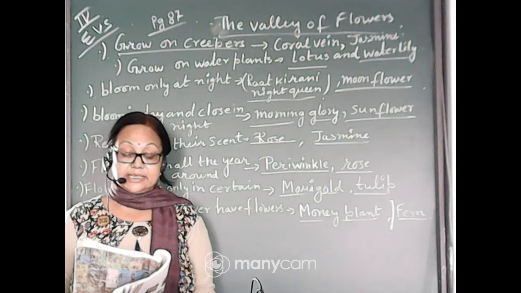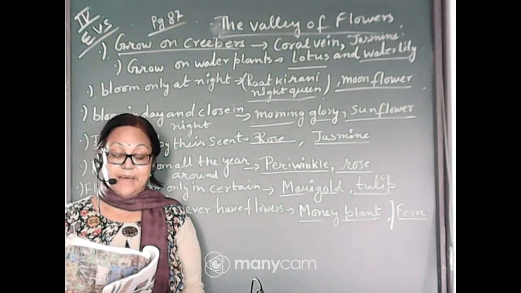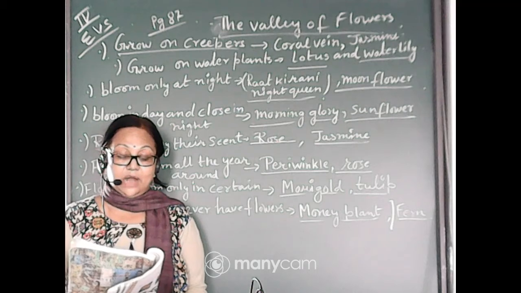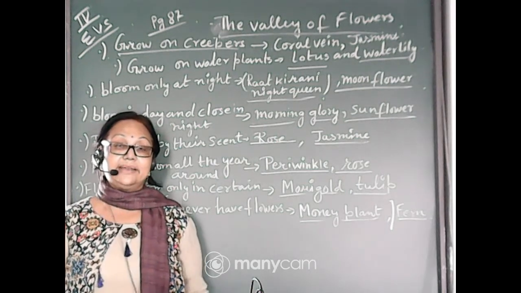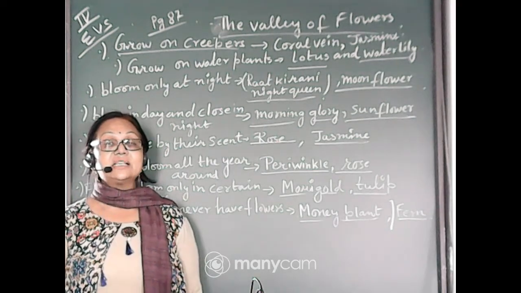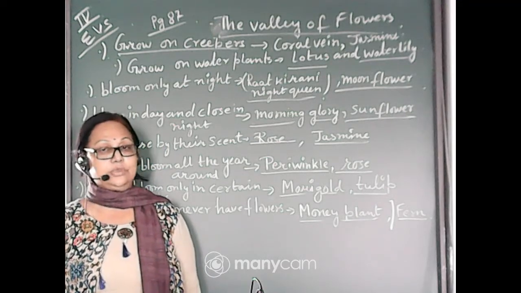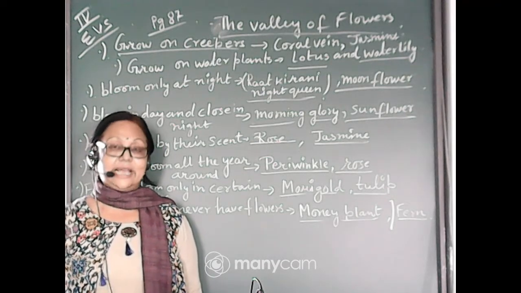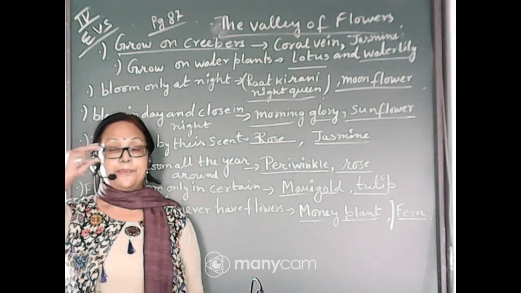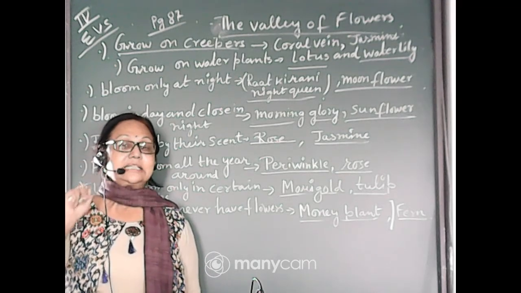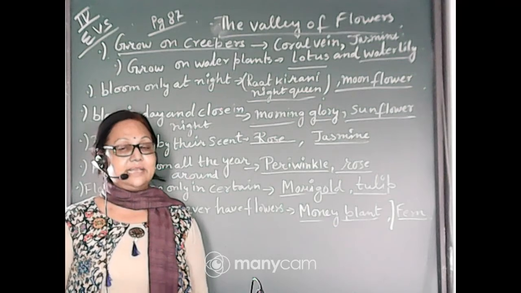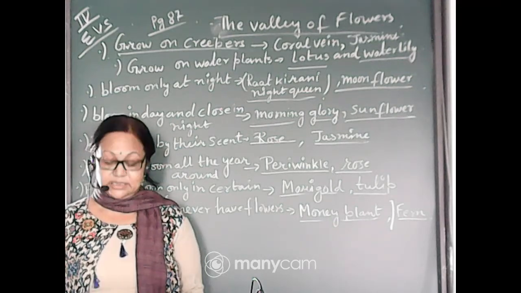Which flowers can you recognize by their scent even with your eyes closed? We can recognize the flowers which have a very prominent smell, like jasmine and rose. The scent of these flowers is very strong and distinct, so we can easily find this scent.